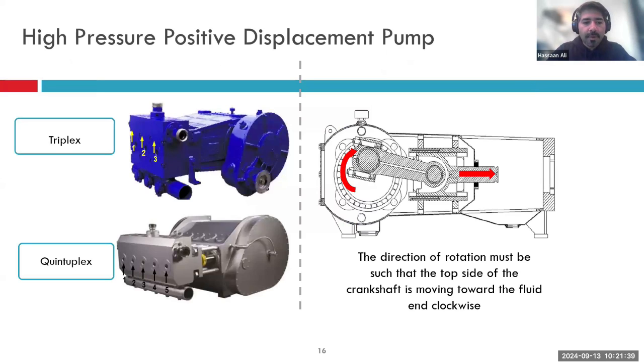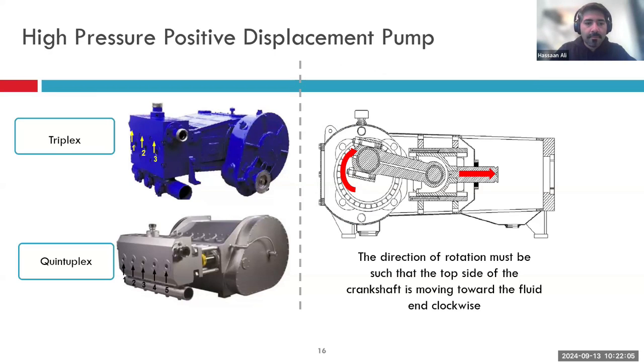So we were talking about the number of cylinders in the pump that is used in the upstream oil and gas industry. There are different numbers of cylinders, but most commonly we use what we call a triplex pump or quintuplex pump. Triplex means that there are 3 cylinders. Quintuplex means that there are 5 cylinders.